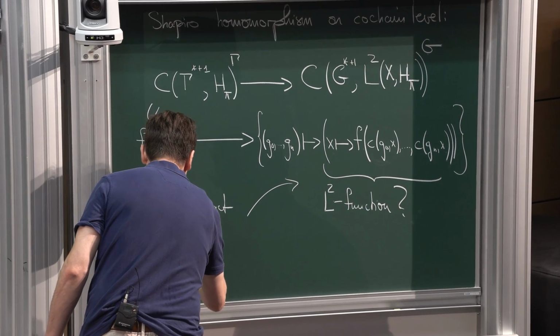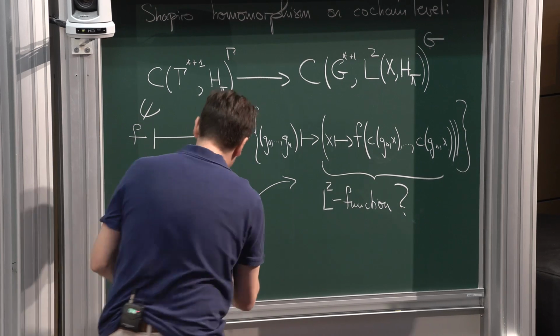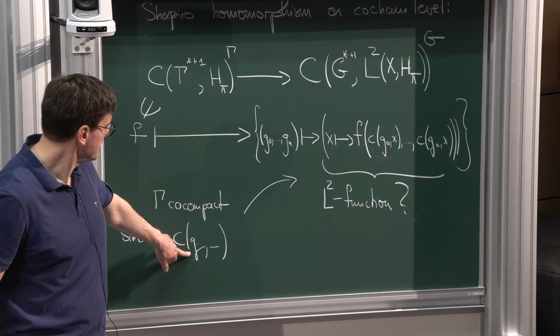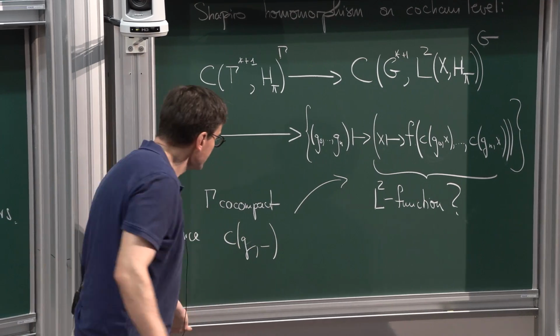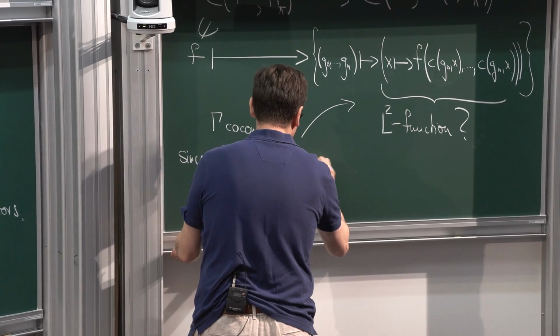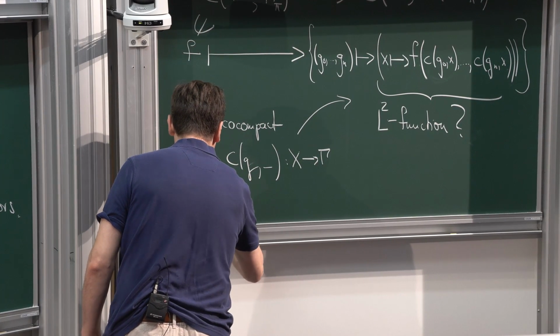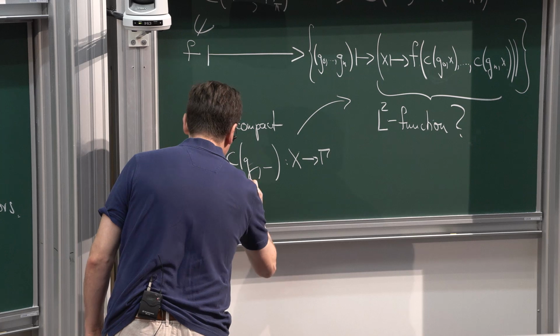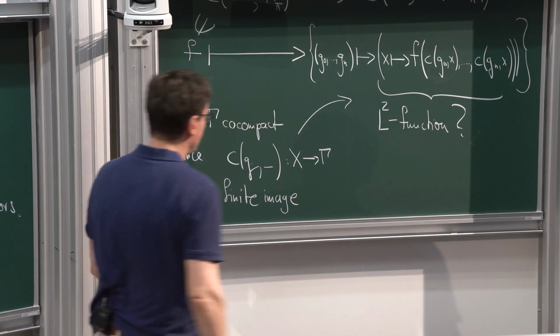Because if you plug a fixed element g into the lattice cocycle and view it as a function on X to gamma, then this has finite image. And why is that?